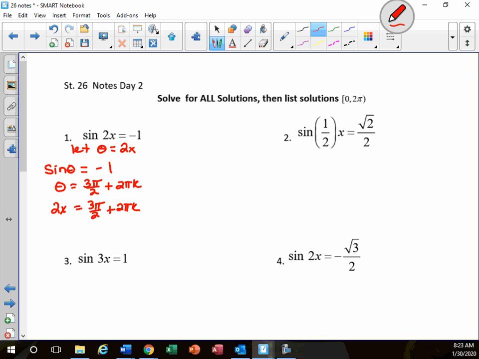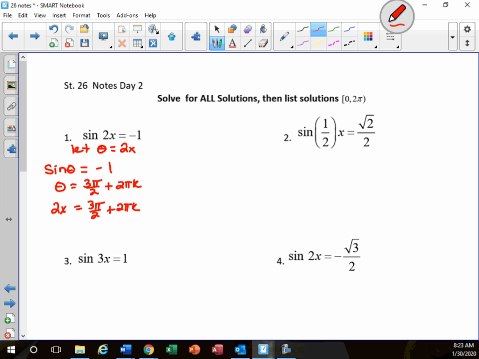So if I say sine of theta, just theta, equals -1, that happens when theta is 3 pi over 2. Okay? But we already established that theta isn't just theta, theta is 2x. So I can replace it so that I can actually solve for x. Because if you went right from sine of 2x to this, that's not actually a true statement. Okay? So that's why we do these substitutions in between.